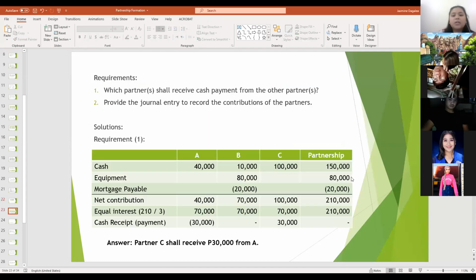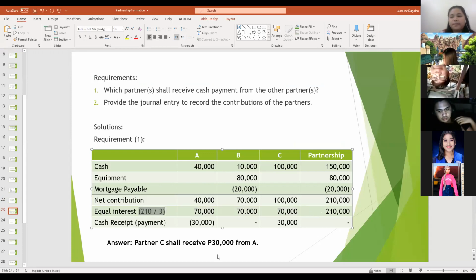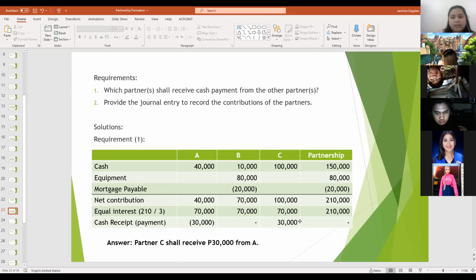So, 210,000 divided by 3, since equal silang tatlo, is 70,000. Yun yung solution ng 70,000 each. Okay? So, partner A shall pay partner C.